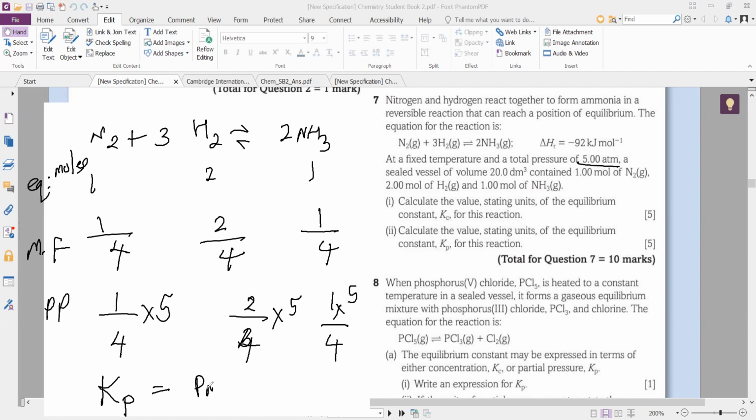The partial pressure of NH3 to the power 2 and partial pressure of N2, like that. But the P must be there, where P stands for partial pressure. So what is the unit and the value, please?